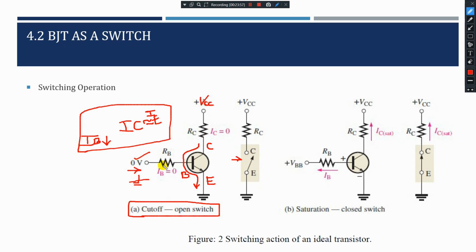So RC and RB, the input voltage through RB. RC, the voltage for the transistor to be in switch on condition. So as per Ohm's law, I can call it VCC equal to RC into IC.